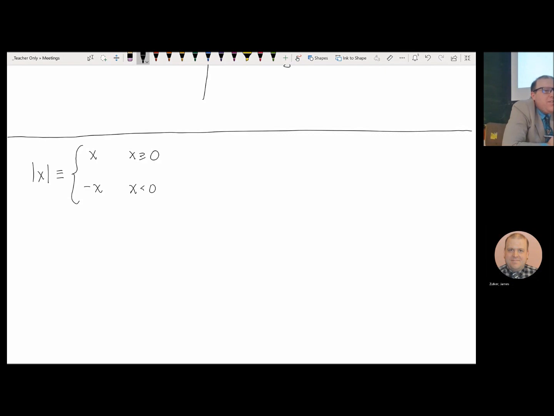So if you throw in a negative number, the absolute value spits out the negative of that negative number. This is the definition of absolute value. It is also an extremely important definition. You will need it for calculus.